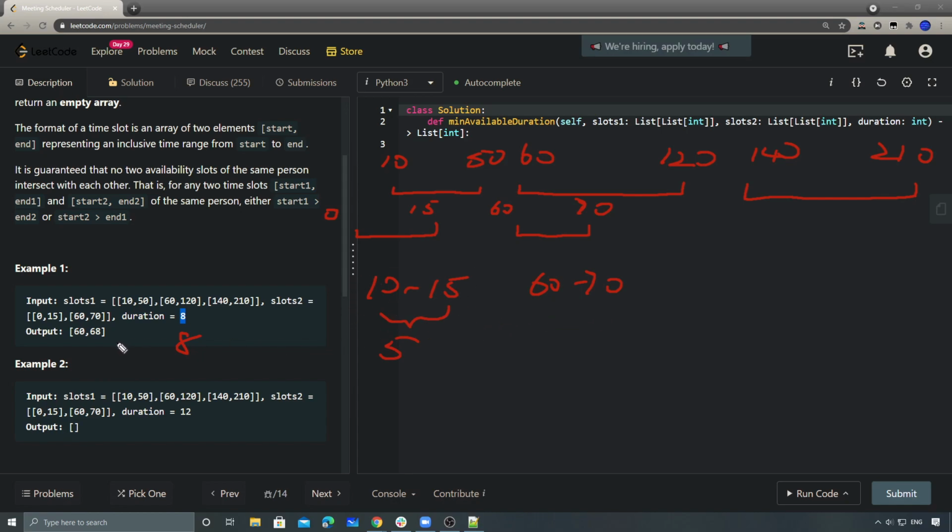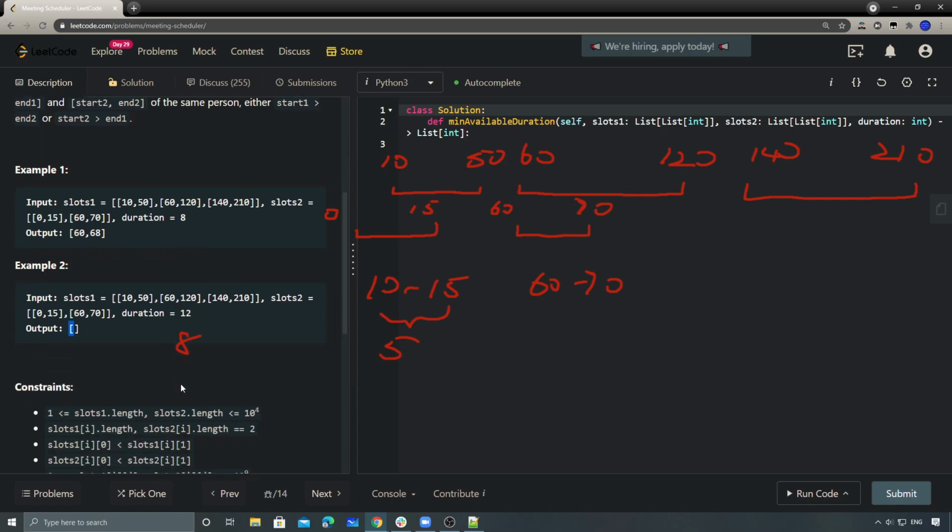That's why we return 60 to 68. That's the first intersection we get. And in example 2, if there's no valid overlapping duration, we simply return empty.